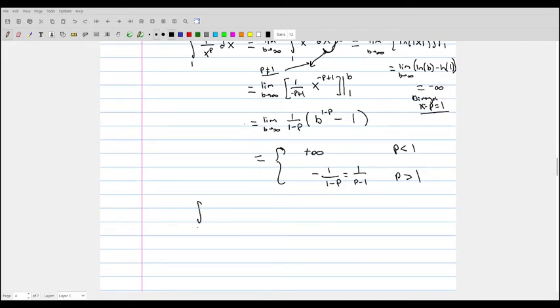So in short, the improper integral from 1 to infinity of 1 over x to the p dx only converges, and we've seen this before, but I'm doing this again just to show you how to quickly go through and do this, only if p is strictly greater than 1, and it diverges otherwise. So it diverges when p is less than or equal to 1.